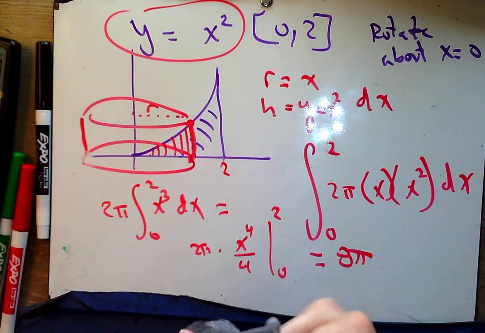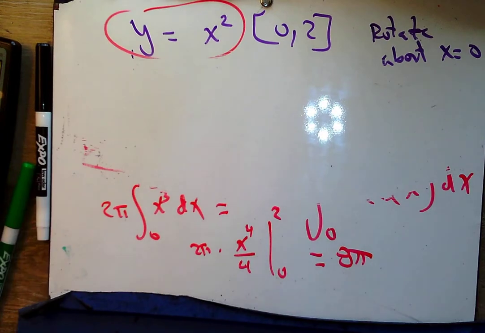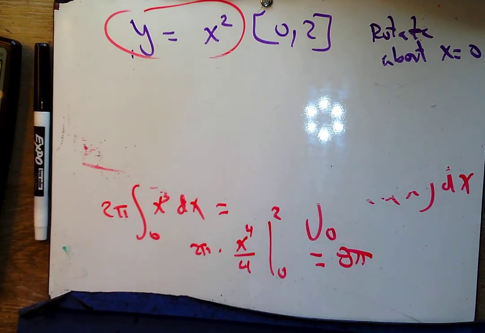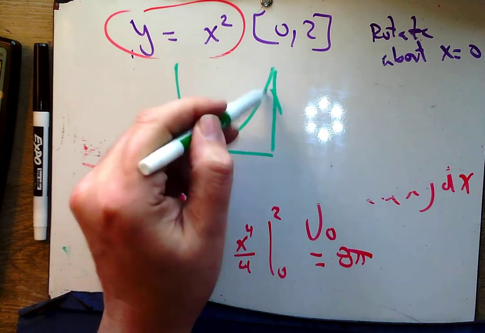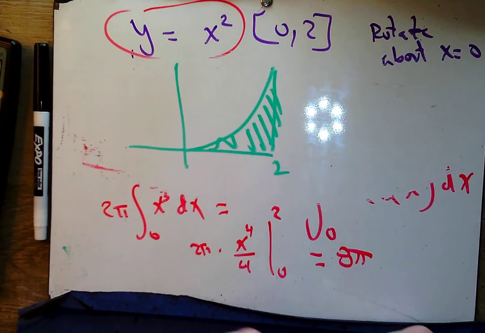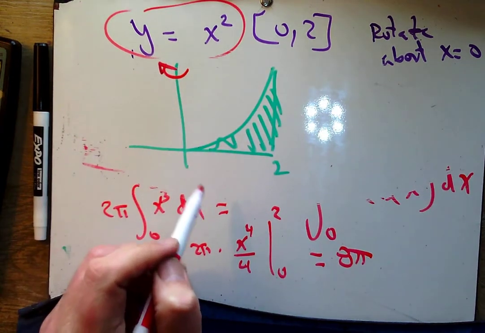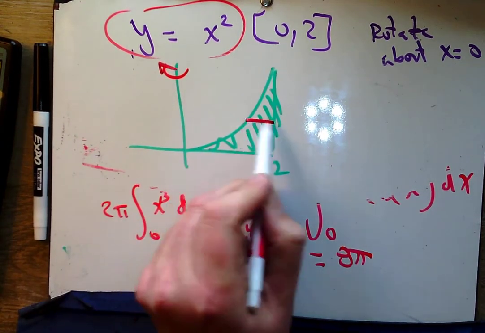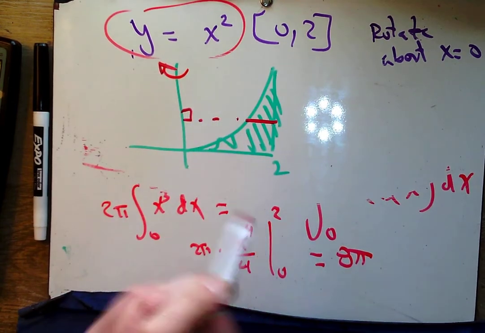We used shells here. Now, let's go back and look at disks and washers for this. So look at the same situation. y equals x squared. Talking about this region from 0 to 2. And now I want to go back and do disks and washers. Well, remember, if we're doing disks and washers, and this is our axis of rotation, we want to draw a segment that is perpendicular to the axis of rotation.